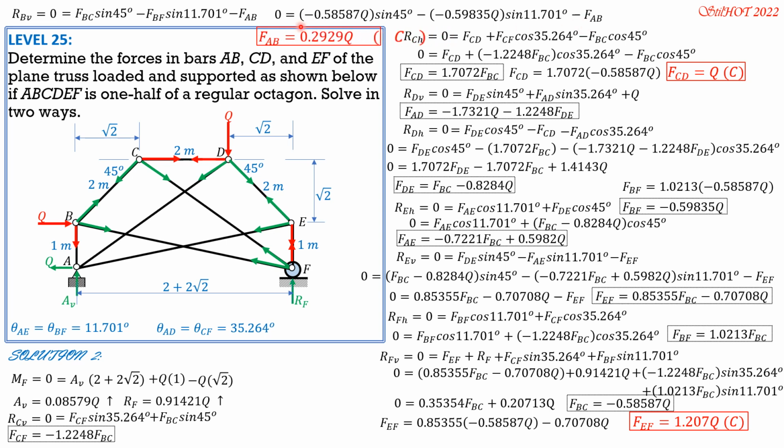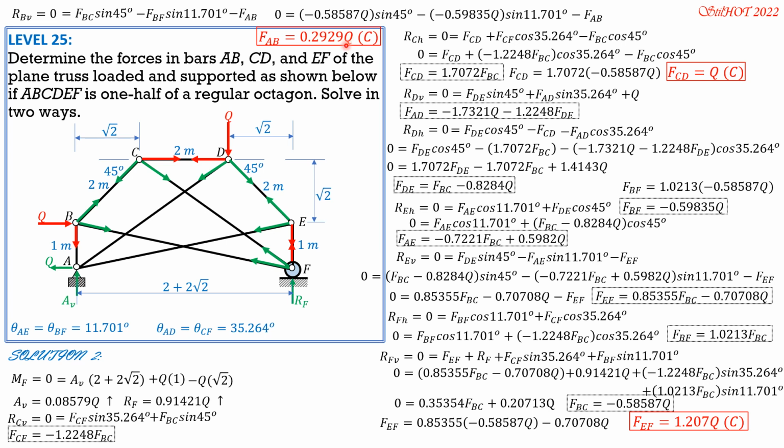So it is FAB here. FAB to the left, so FAB is negative 0.5857 Q sine 45 plus 0.59835 Q sine of 11.701. So FAB is also negative. If you compute negative 0.58587 sine of 45 Q, then plus 0.59835 Q sine of 11.701, it's negative.